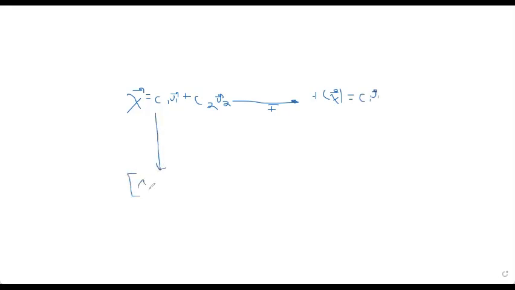So we have got the vector coordinate X, which equals C1, C2. And then we've got B, which equals 1, 0, 0, 0. Same thing as T, right? These are equivalent.